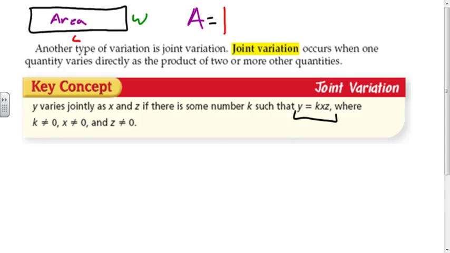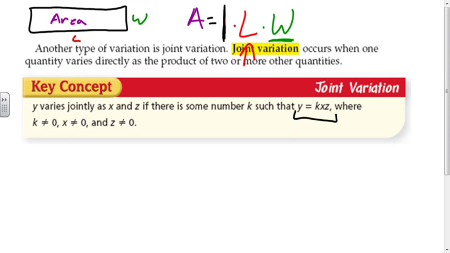1 times length times width. So no matter what, your length times your width times 1 gives you your area. So if you want a bigger area and you're going to keep your width the same, that means you're going to need to increase your length.